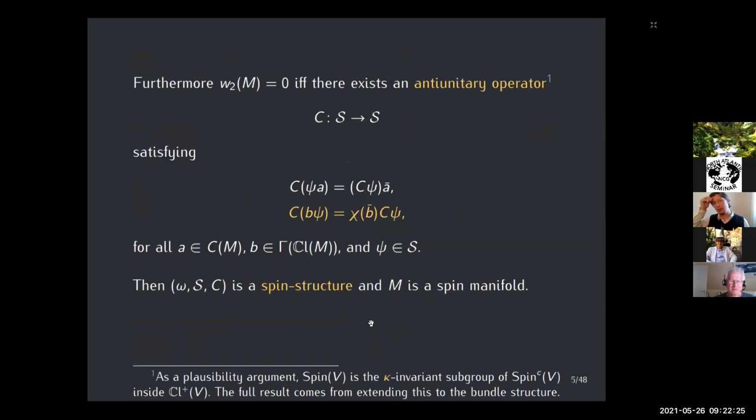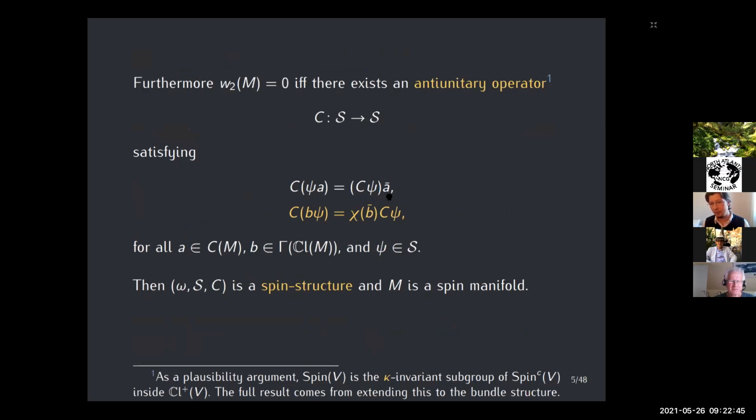Furthermore, it turns out that the second Stiefel-Whitney class is zero exactly when there exists an antiunitary operator on our fancy S called C, not coincidentally, which is compatible with the left and right actions.